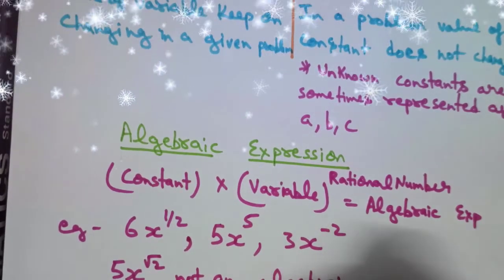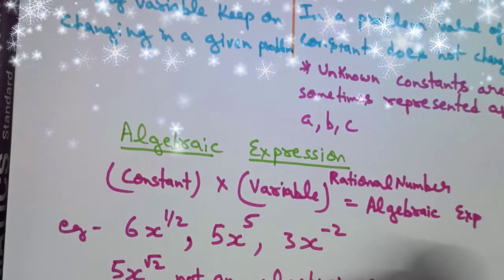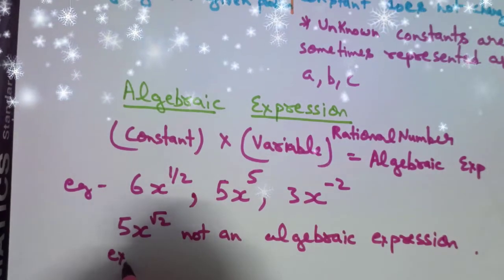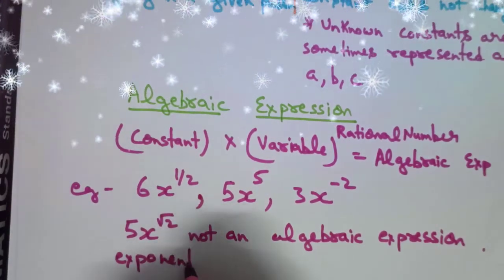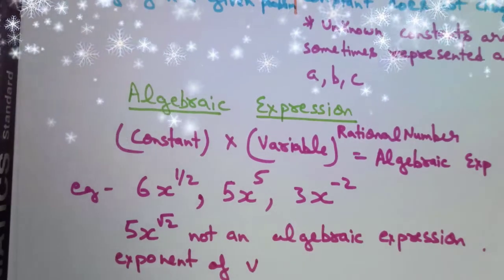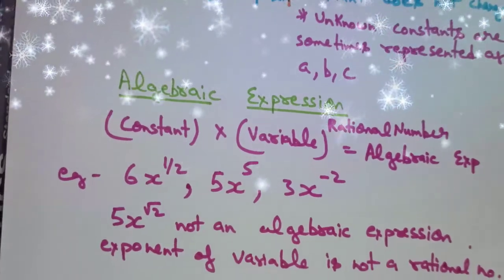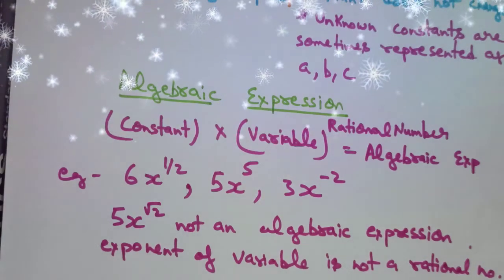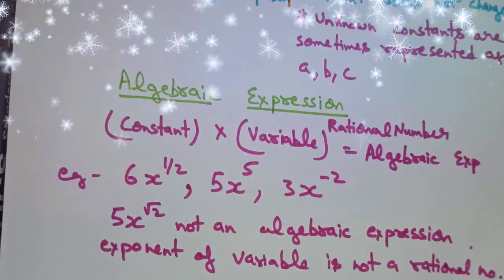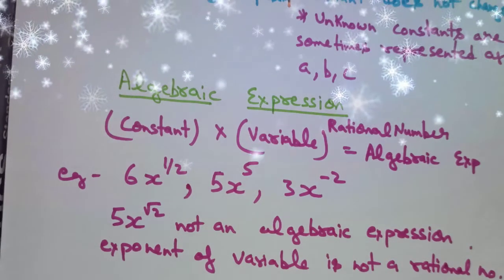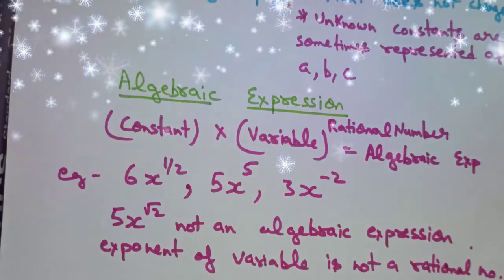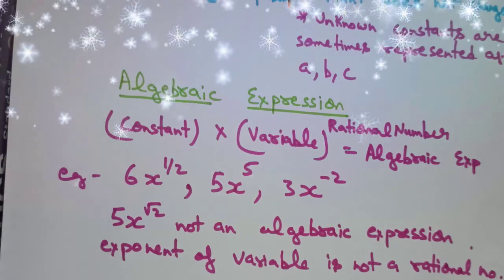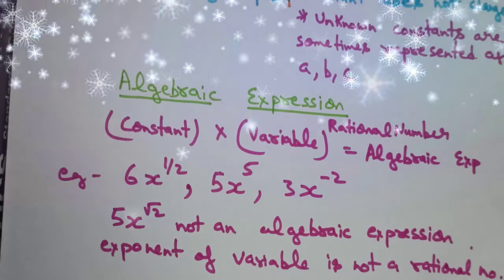Because the exponent of the variable is not a rational number. The exponent of the variable is root 2, and we have already studied that root 2 is not a rational number. It is an irrational number. Since the power is not rational, it is not an algebraic expression.